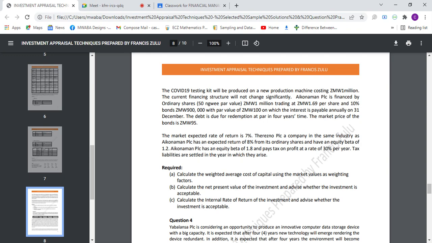It says Iconaman PLC is financed by ordinary shares, 15 ngwe par value, 1 million kwacha. This is the ordinary share capital, and it's trading at 1 kwacha 69 ngwe. This is the market price. So we're trying to find the market value of the equity, VE.